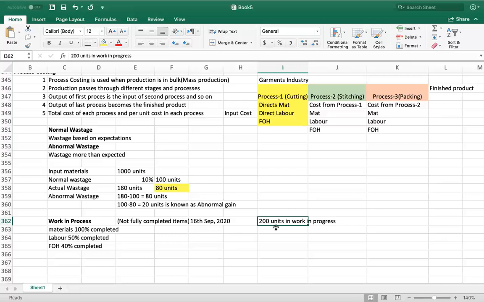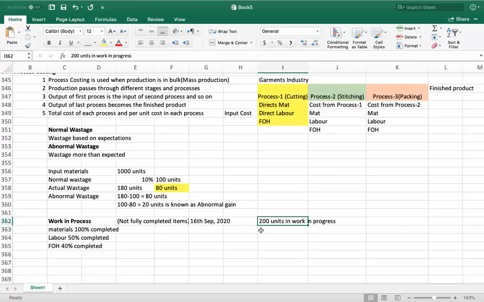Good. Today on these 100 units, we apply material 100%. But when tomorrow we start work on these 200 units, how much material will we apply? 200 units. Fatma, I'm asking you also.